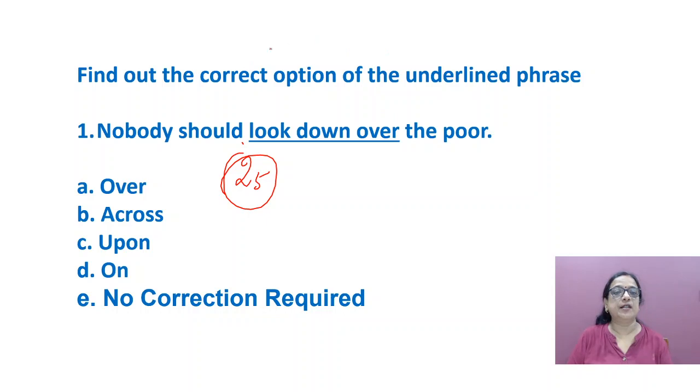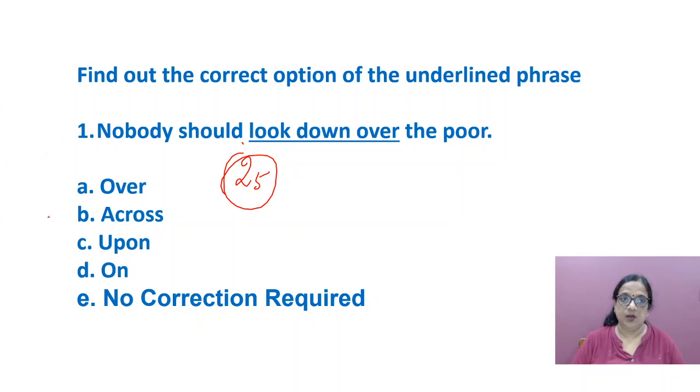So the question number 1 here. Now you have to find out the correct option of the underlined phrase. It can be correct also, in that case you have to give no correction required. The sentence is, nobody should look down over the poor. Now which option is correct?